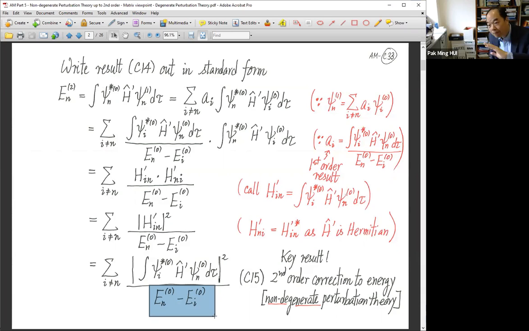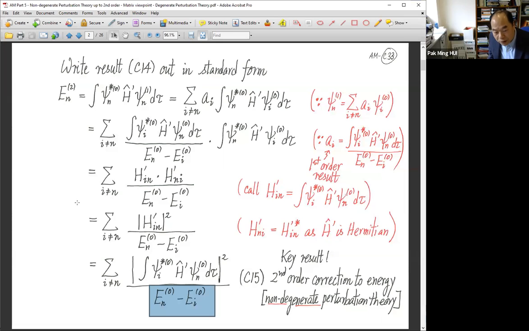Nothing new, same situation. But there's a new element. Pay attention. This is the energy, right? And now, unlike the wave function, plus sign and minus sign have physical meaning.